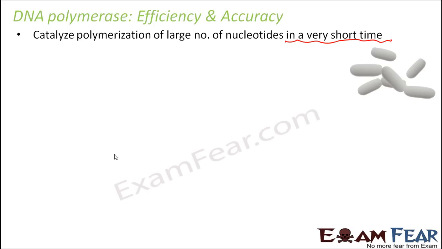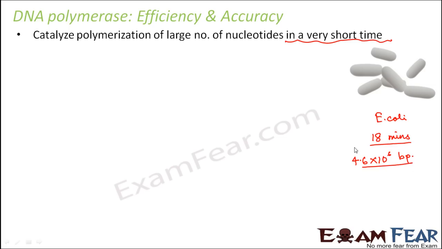If you talk about the speed of polymerization of DNA polymerase, it has been found that in E. coli, one complete replication is done in 18 minutes. So generation 1 is being created in 18 minutes. And how many total base pairs are there in an E. coli? There are 4.6 × 10^6 base pairs.